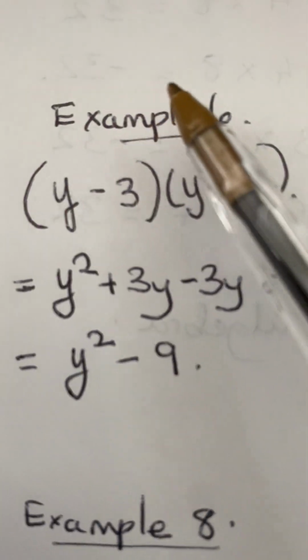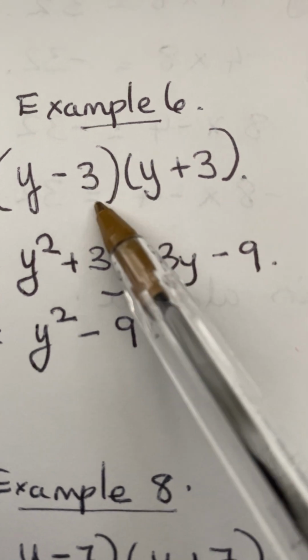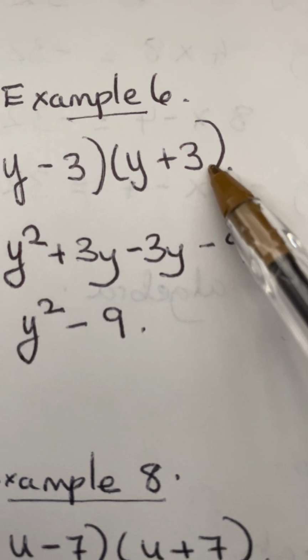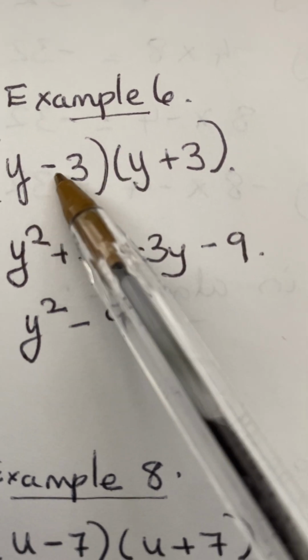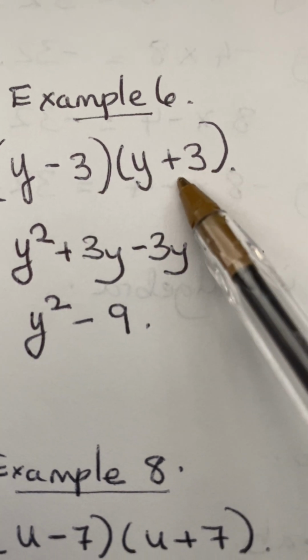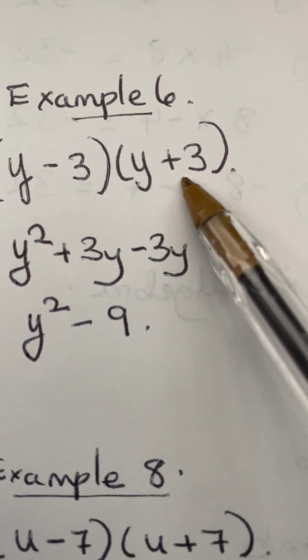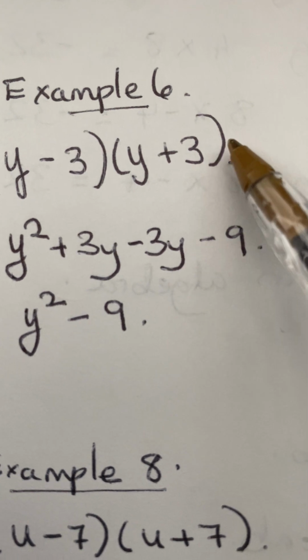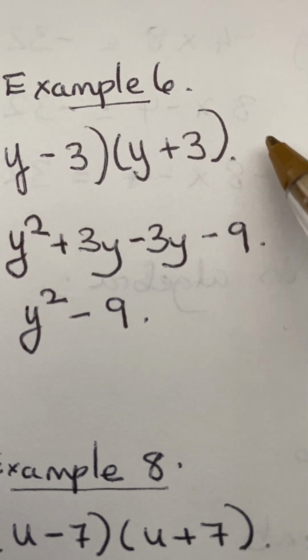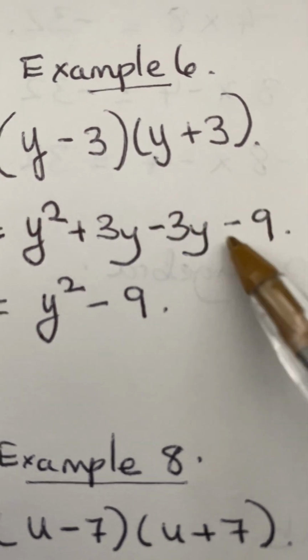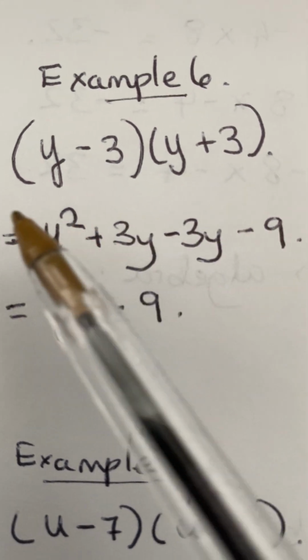Now, this is also 3 times 3 is 9, and one is minus and one is plus. So again, straight away, it's another difference of two squares. But I will show you.